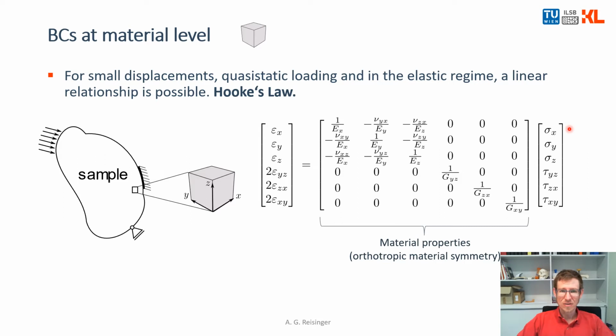So even by knowing stress and strain at a certain point, you cannot extract the material properties of your biological tissue, your linear elastic material properties. So what do we have to do? We have to simplify the situation.